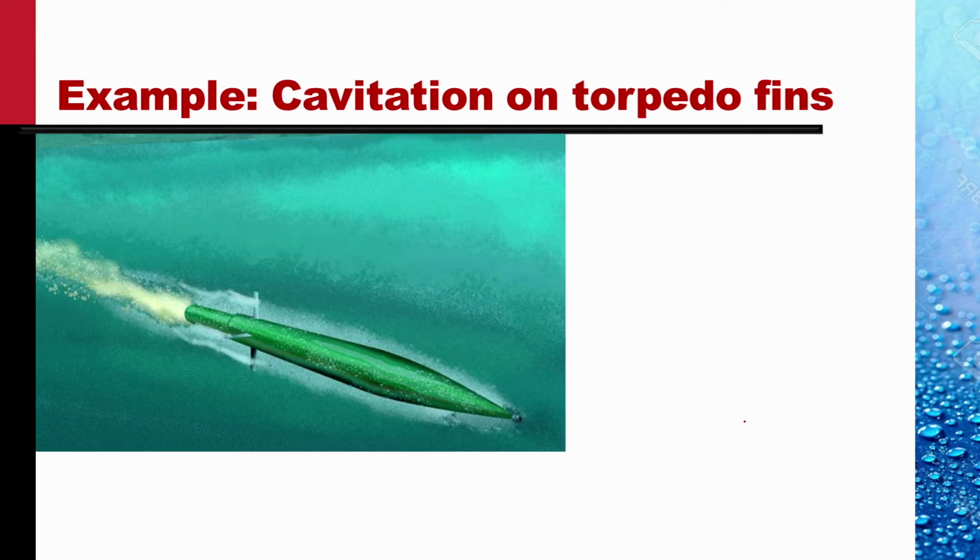Torpedoes, when they move at very high speeds, and on the fins, the velocity is very large, and so cavitation occurs.